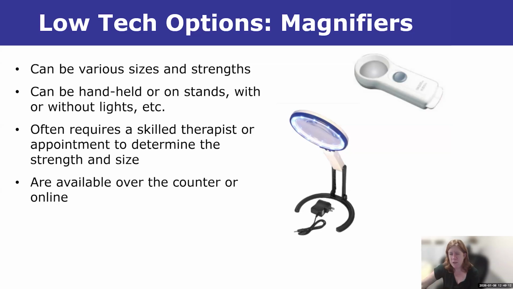But often, especially with your lower level vision impairments, you can find a magnifier that will help them. For example, they have a prescription bottle and they need to know which pill it is, or they have a map and they just need to read the names of the countries. A magnifier will help with that. They don't need to do anything big with it. They just need to be able to read some of the smaller print on this page.